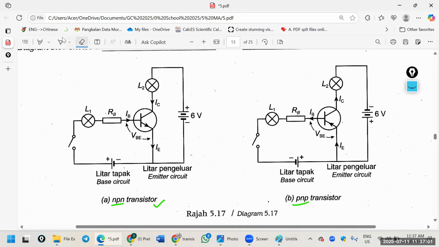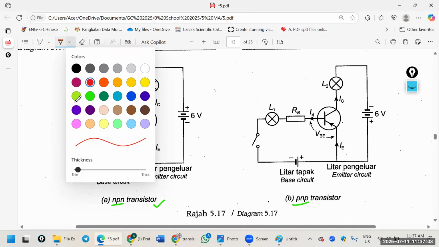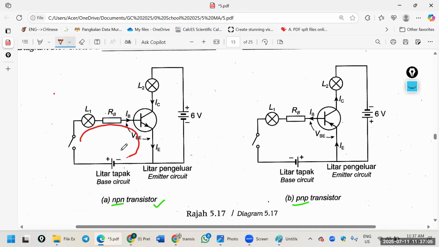Here, the current flows in this way, we call it the base circuit. So the current goes through the base, we call it IB, meaning base current, okay?